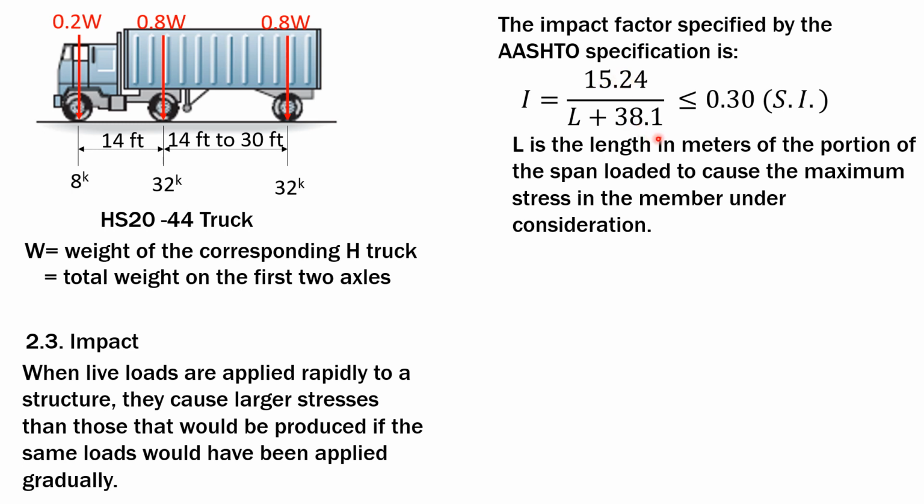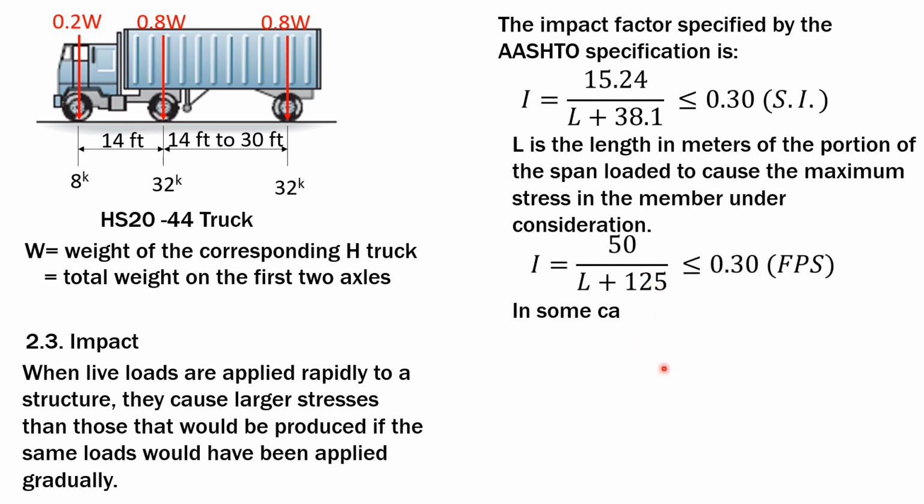And 38.1 over 3.281, the original value is 125 in the English system. So this is 50 over L plus 125 in the English system, and it should be less than or equal to 0.3 for this AASHTO specification. If the value exceeds 0.3, then use 0.3 as maximum.